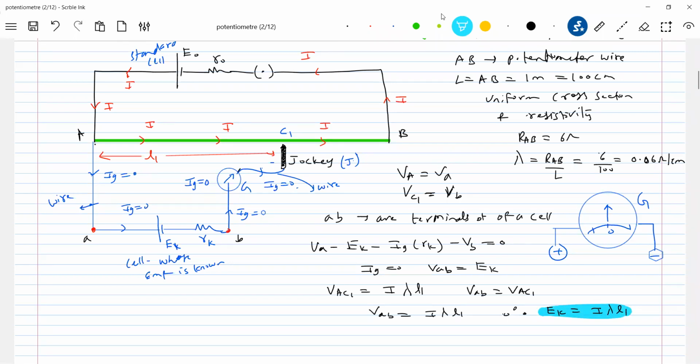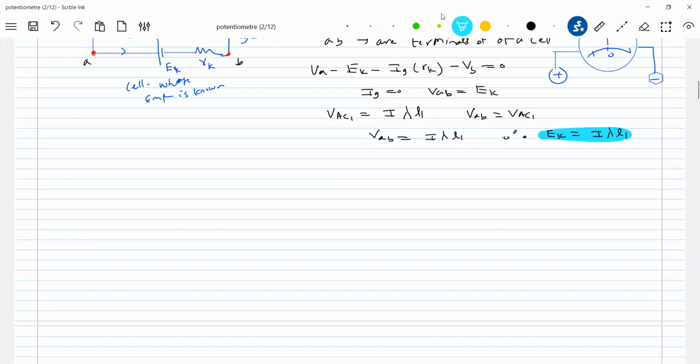I know L1, I measured it, and I know the known EMF. What I do now, in place of this, is connect an unknown EMF, a cell whose EMF is unknown. I'll connect it in the same circuit, with E naught, R naught.